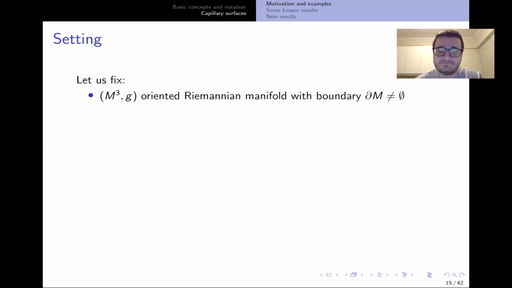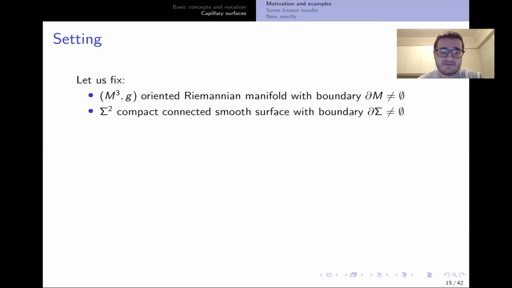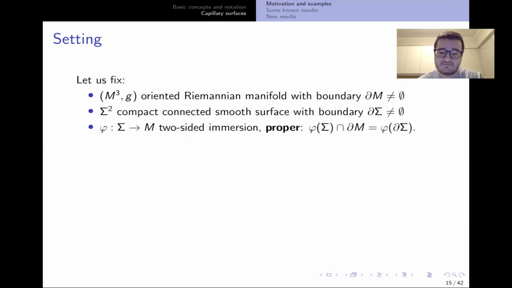Now they have boundary. And fix sigma, a compact connected smooth surface with boundary. Let's also fix a two-sided immersion, phi, which is proper. And by proper, I mean that the boundary of sigma intersects only the boundary of M.